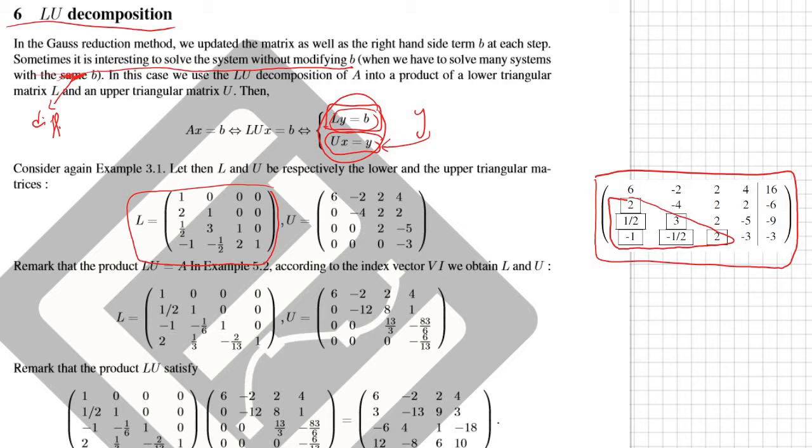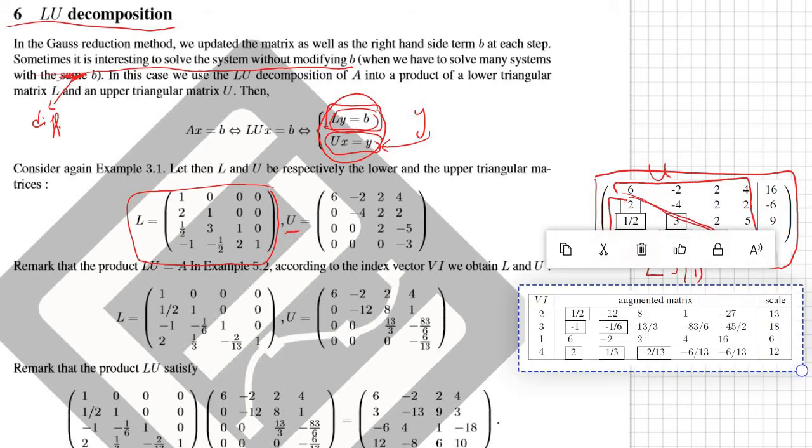Then I will define another one, U, which will be the upper triangular part of this matrix. So this is U and this is L, but I should add ones to the diagonal. If I define these two matrices, I will remark that if I multiply L by U, I will obtain A.